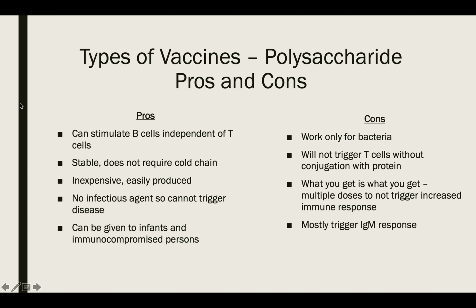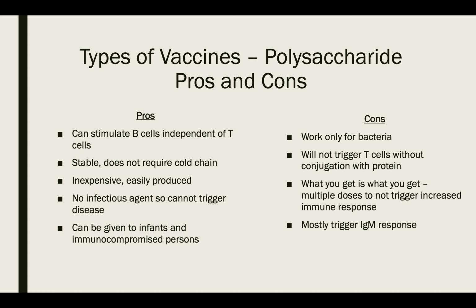That's also a con, so I should have put that over here too. They're stable. They don't require a cold chain, so that's always good. They're inexpensive. That's great. They're easy to produce. There's no infectious agents, so they can't trigger disease. And they can be given to infants and immunocompromised persons.